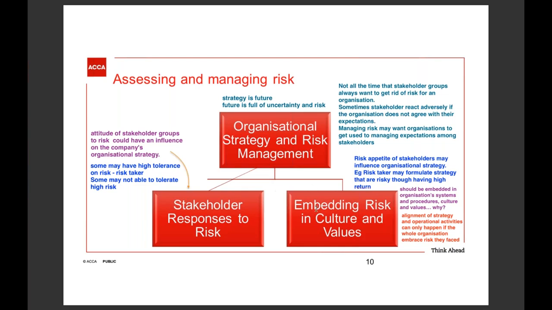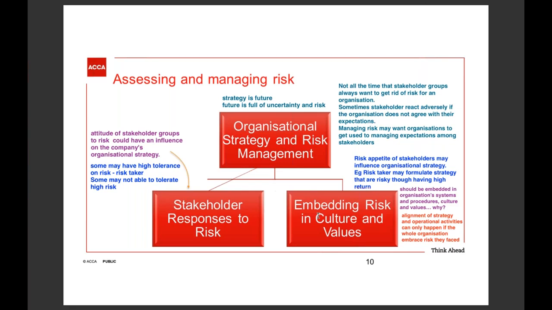When it comes to embedding risk in culture and values, you must make sure that if you have a strategy, you know that it is your long-term direction, and definitely there is risk, or uncertainty, associated with it.